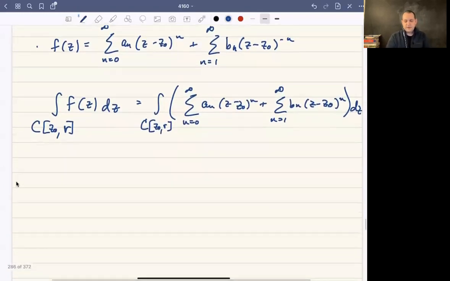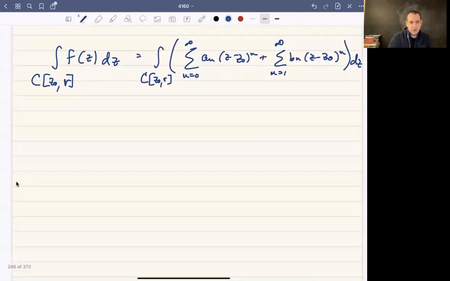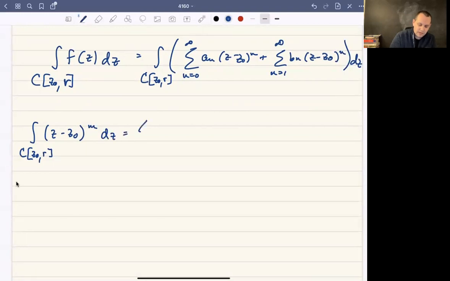Now, one of the exercises that we did way back when, which is going to be key here, is that if we integrate over a circle centered at some point z naught of radius r, and we look at z minus z naught to the m, remember that this is going to be 2 pi i if m is equal to -1, and it'll be 0 otherwise.